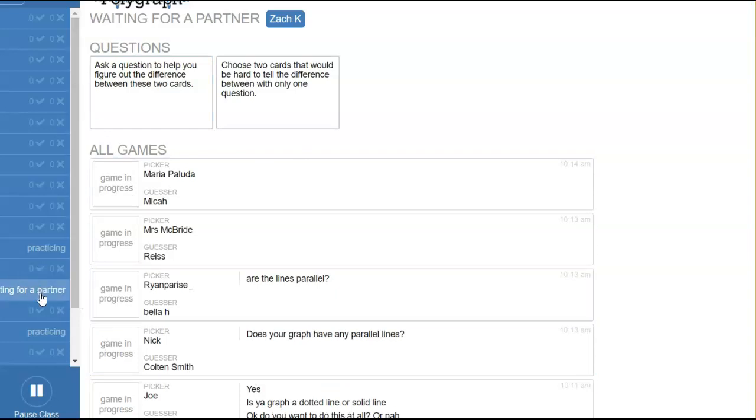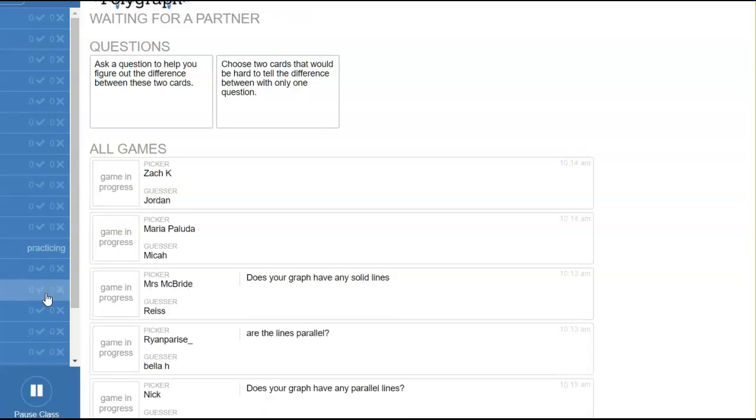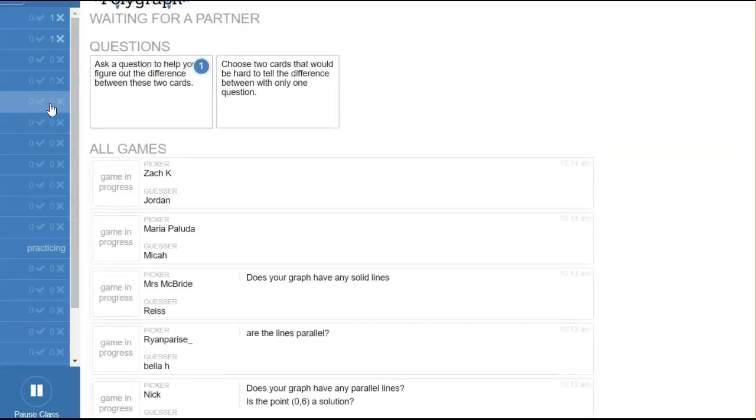So make sure you know what graph is yours as well. And like I said, it's kind of like a guess who, where you're going to click back and forth between them.